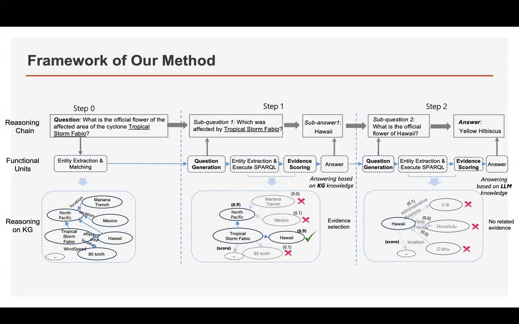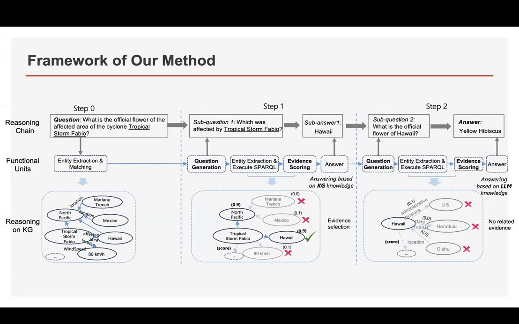First, we have to figure out which area was affected by the storm. According to this question, we find the related one-hop neighbors in the knowledge graph, and we select the related nodes according to this sub-question.